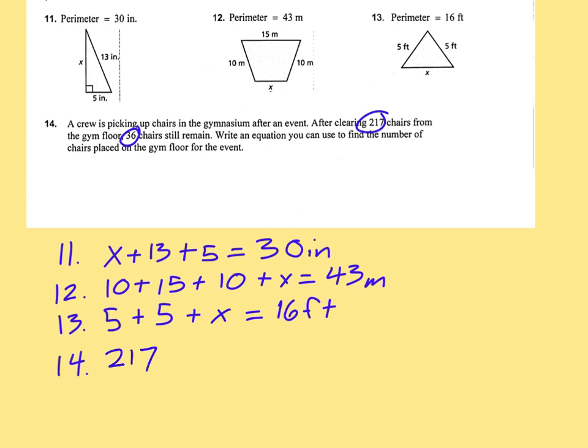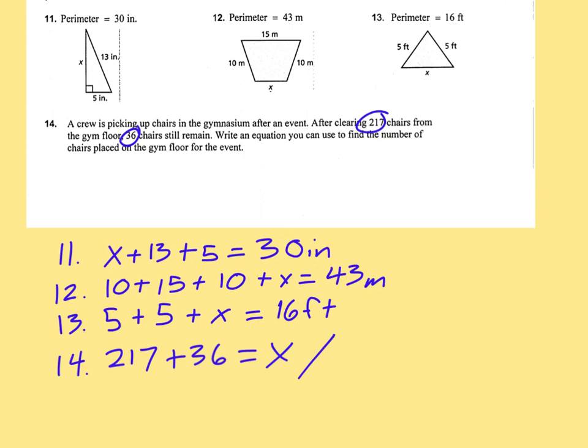So 217 plus 36 equals x. That's an equation. There is another way that we can look at that, but I think that works for today.